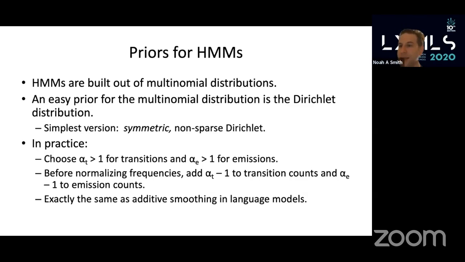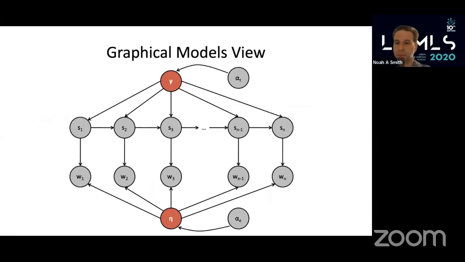This is exactly the same as the additive smoothing techniques we mentioned in language modeling, and in fact, Dirichlets can be used in language modeling as well. It's essentially adding a pseudo count and pretending that before you looked at your data, you already saw every transition and every emission happen some number of times. A very common choice is to set these alphas equal to 2, so you're adding 1 to every count.